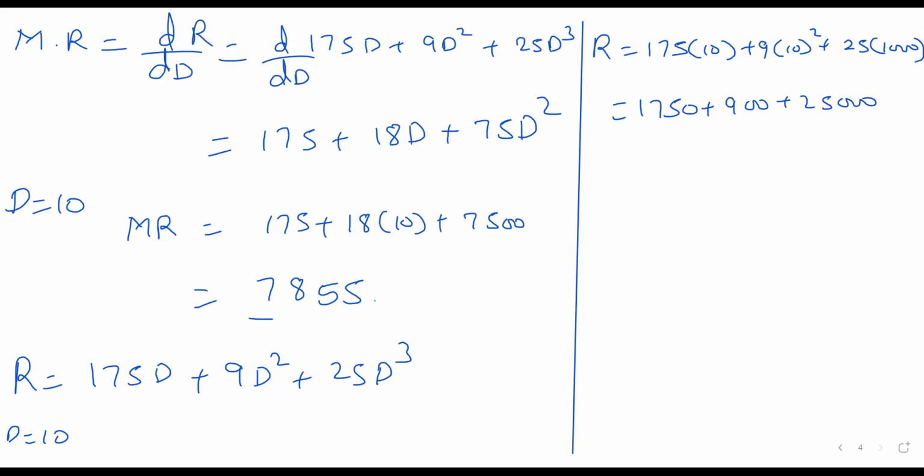Add them. Is it 27,650? This is total revenue at demand D is equals to 10.